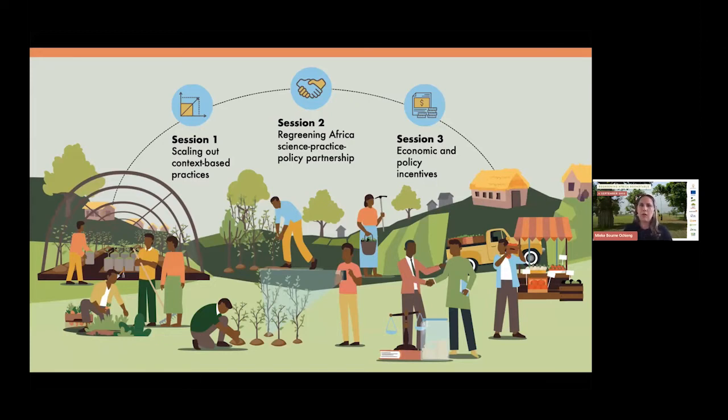These sessions are, of course, interrelated and linked, but we have separated them to provide some guidance and structure to the program. So we're really excited to hear from a range of speakers from all of these different countries, to hear about the science, the practice, and the policy, and we look forward to interacting with you as we go.